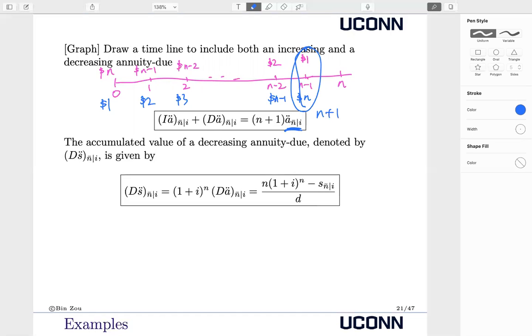So that's why here we have another way to prove the result, right? Once you know the present value, apply a factor, you get the accumulated value. So there's no need to memorize both PV and AV. Knowing one is definitely enough to get the other.